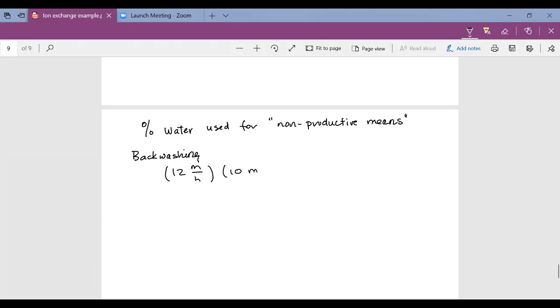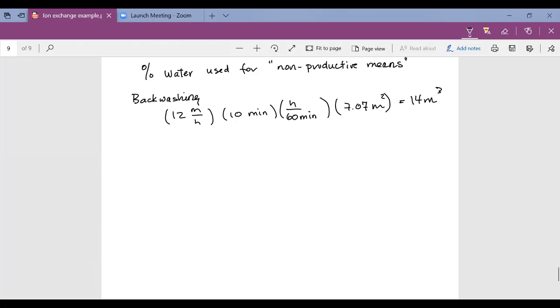We'll backwash for 10 minutes, and we need to multiply by the surface area, and that is 14 meters cubed. And this is because it's meters cubed per meter squared per hour. That's that value right there. So that's why we multiply by the surface area.